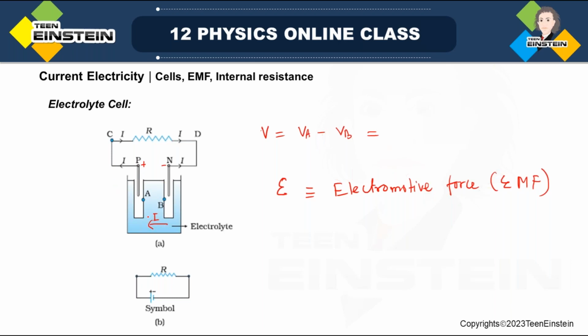Since the electrolyte is not perfectly, 100% conducting, it will offer some resistance to the flow of current, and that resistance is called internal resistance, denoted by small r.